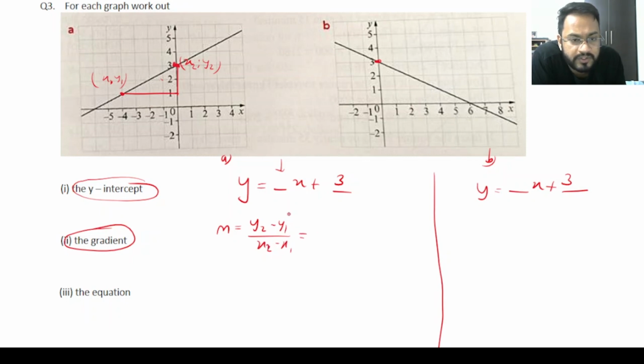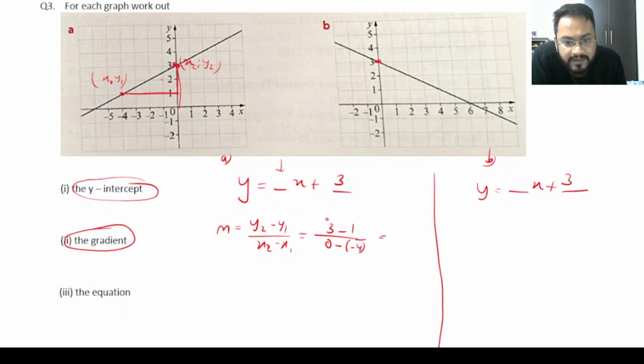So by that equation we can see that our y2 is 3, right? And our y1 is 1 because we see here on the y-axis, it is 1. So 3 minus 1 upon our x2 is 0 because it is coming here, so 0 minus, this is how much, minus 4. So this I will write in bracket, it is minus 4.